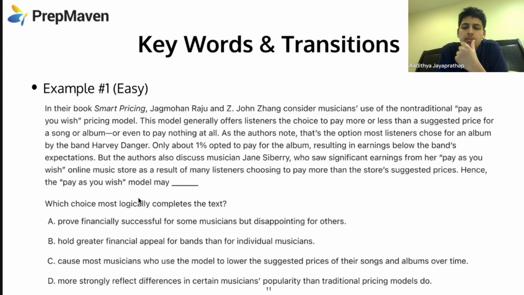And then if you look at D, the pay-as-you-wish model may more strongly reflect differences in certain musicians' popularity than traditional pricing models do. Could you say that based on what you read in this paragraph? I don't think it can reflect popularity, no. So let's do this to help you practice this way of thinking. What would the paragraph have needed to include for you to be able to say D?